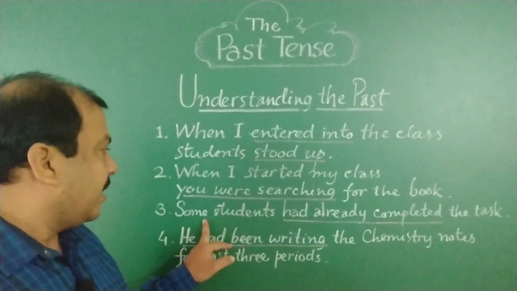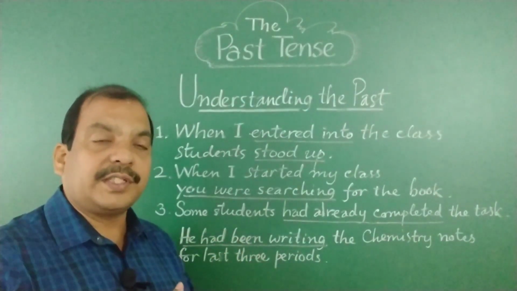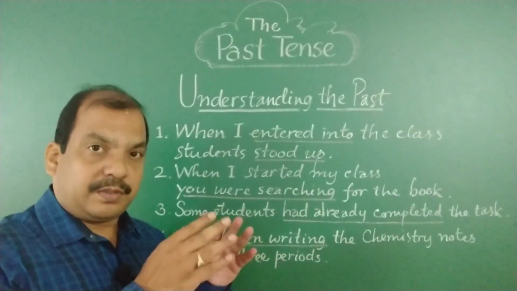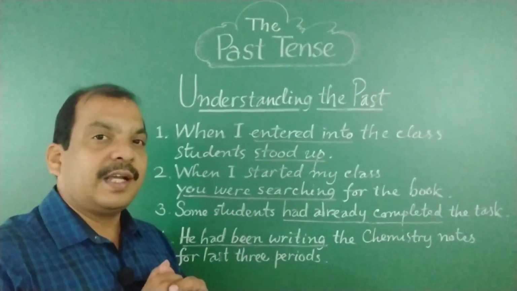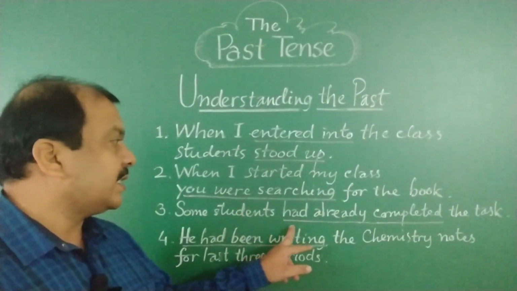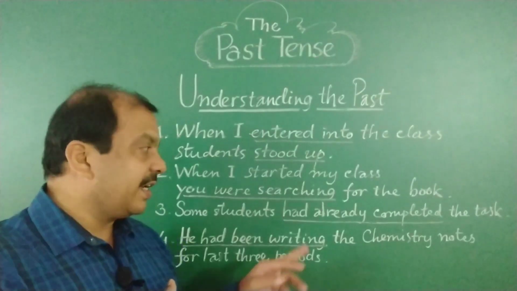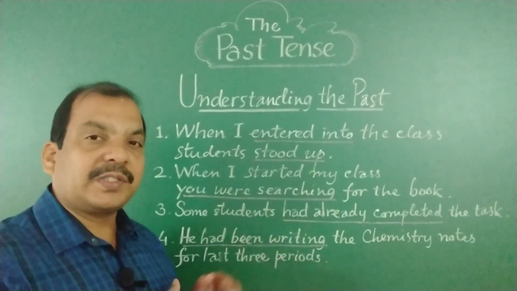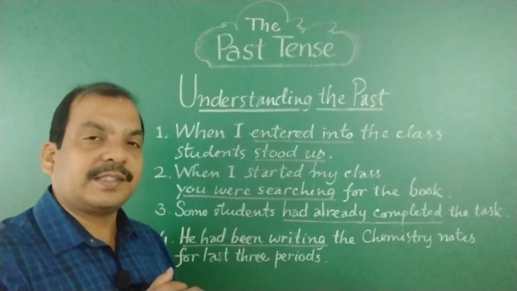Let's come to the third situation. After my class, when I asked you to do the answers of short questions, at that time some students had already completed the task at a particular time in the past, meaning after my class, yesterday or in the last class.